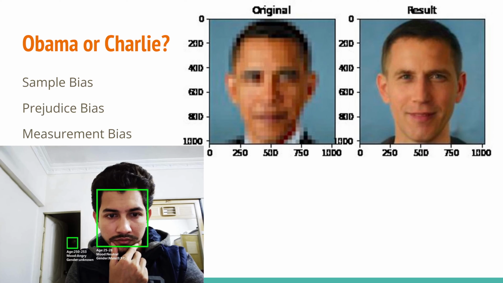Let's say they're mostly people with brown hair and brown eyes. Well, now you take that to Sweden, and you're going to have issues recognizing people in Sweden because they're all blonde hair and blue-eyed. Additionally, your prejudices and your measurement biases will come into play.